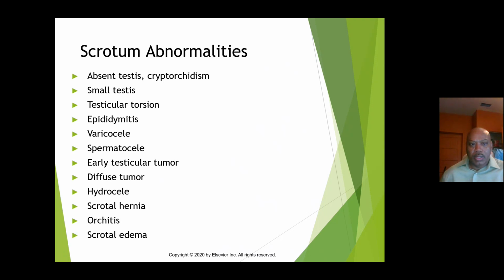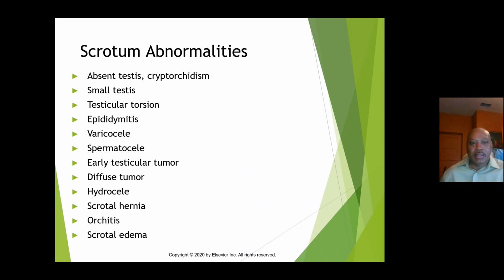Let's see. Yeah, they talk about in your book in table 25.6, you have the absent testes, cryptorchidism. You have the small testes, testicular torsion.